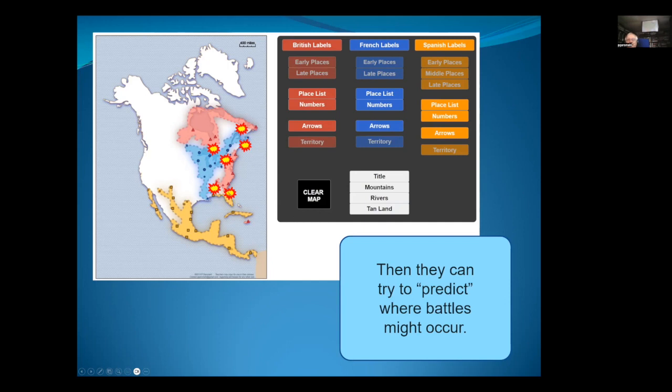You've got this little bitty battle happening at the same time between the British and the Spanish down around Fort Augustine and Fort George, and some battles between the British and the French near Fort Toulouse. In other words, these places where these colonial powers were coming together.